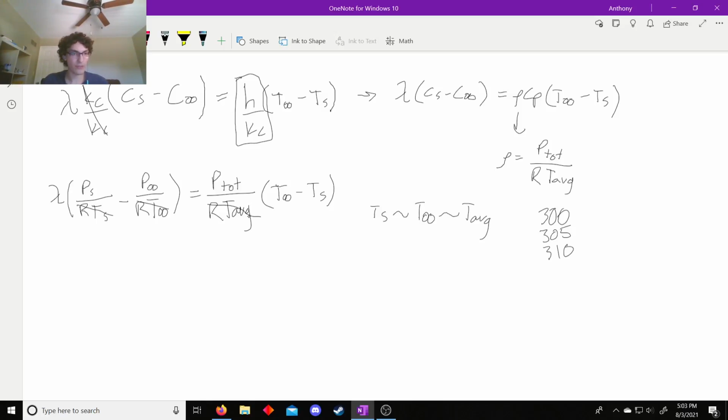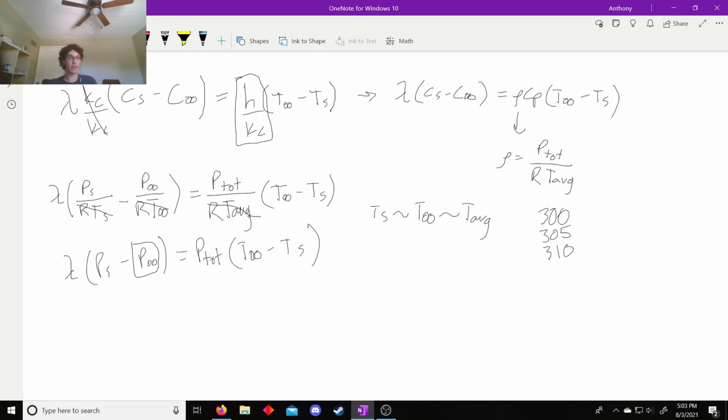So now that these are canceled, what we're left with is our partial pressure of water at the surface, minus our partial pressure of water far away from the surface, equals the total pressure multiplied by the temperature difference. And finally, now we come back to here, where this partial pressure of water far away from the surface, or in the atmosphere, is what we're trying to solve for.